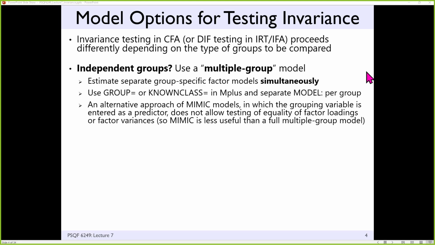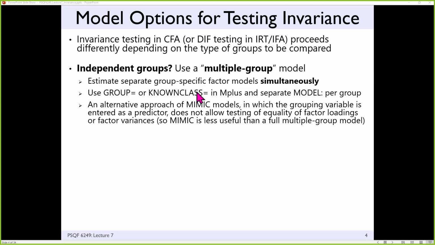I get a solution for people who identify as this group and a solution for people in the other group, both at the same time. That is what's necessary so that I can put constraints and say, make this loading in group 1 the same as this loading in group 2. Make this threshold in group 1 the same as this threshold in group 2. And then at every step we ask, did that make the model fit worse? If it did, they don't want to be the same. If it didn't, same is close enough.